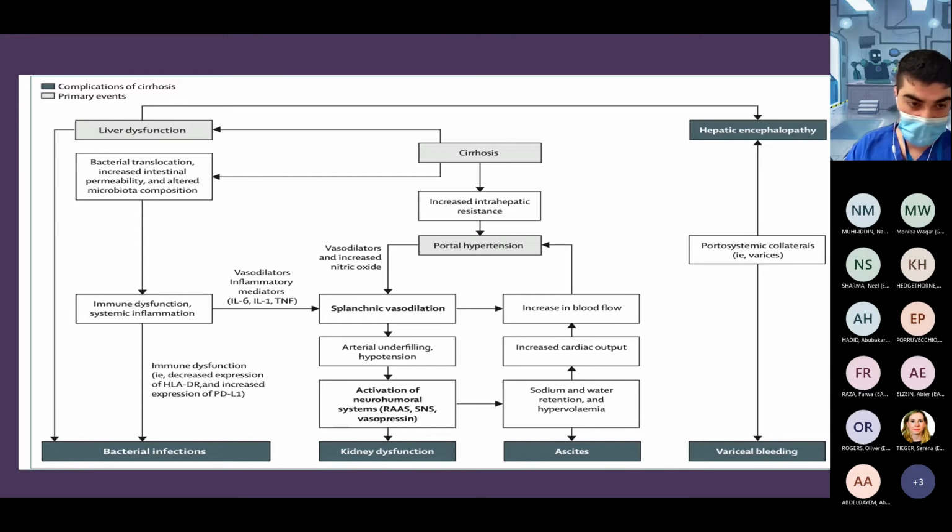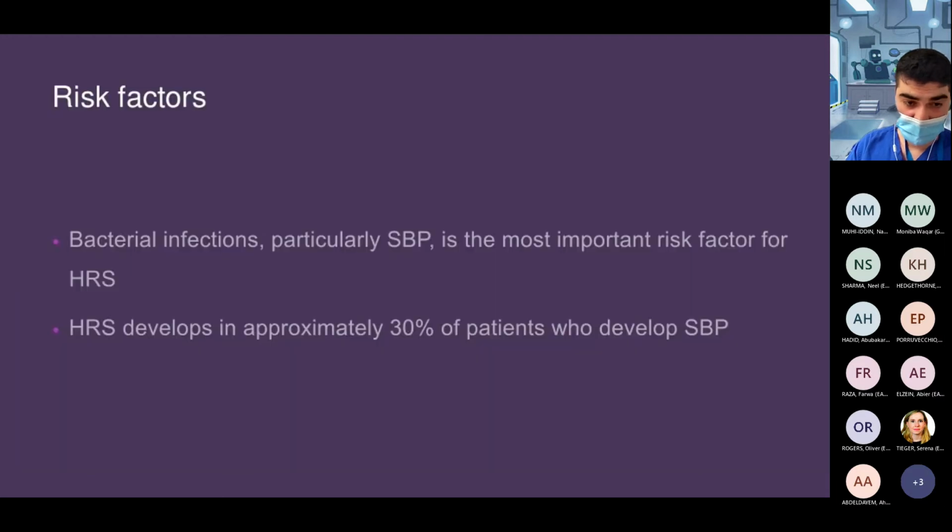It causes activation of the renin-angiotensin system. That causes the hyponatremia and the fluid retention, which increases the cardiac output, which increases the blood flow, and then it goes into this negative feedback cycle, which causes kidney dysfunction and ascites. It's actually quite difficult to break through the cycle. So that's why most of the time patients with hepatorenal syndrome have pretty poor prognoses.